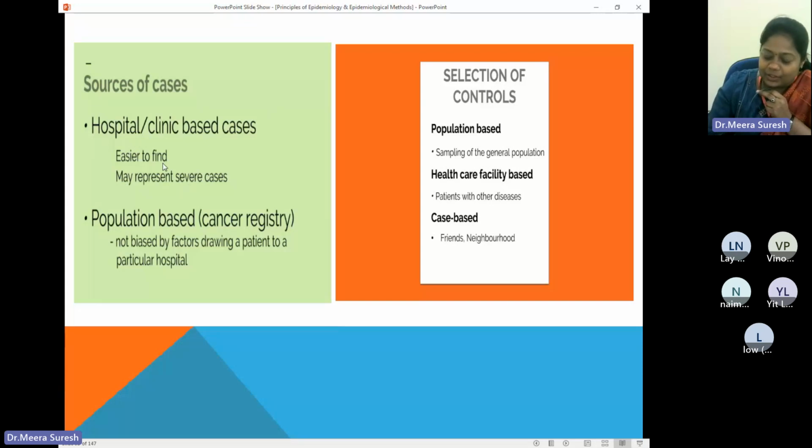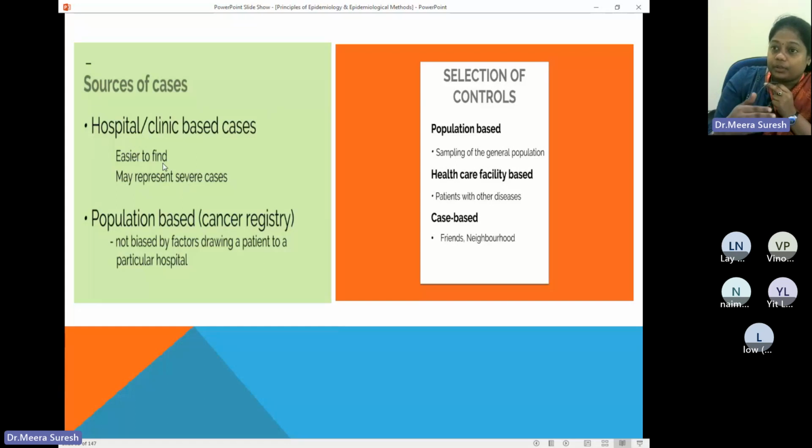That is why researchers go there, but you get only the severe cases. So whatever report you get finally after a 2 year study, that is not applicable to the general population because you have studied only the hospital based registry, which means in hospitals only those people will be coming who are accepting or receiving therapy like chemotherapy, radiotherapy, etc.